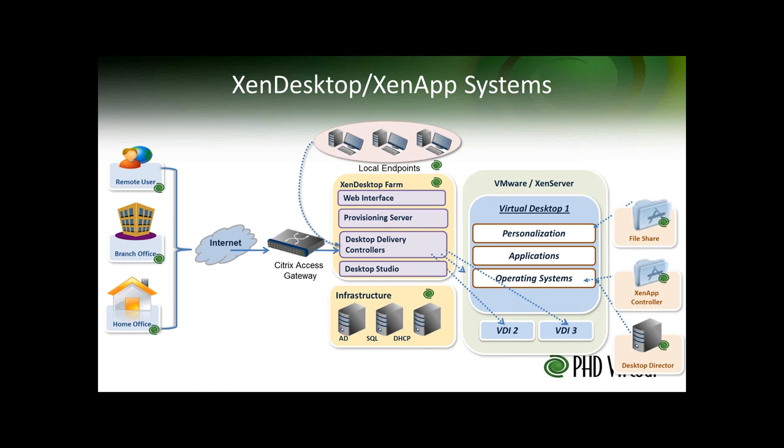And on top of that, you want to monitor the infrastructure, right? So AD for authentication, SQL to house all the configuration information, and then DHCP providing the network information for your desktops. Right, so all these moving parts of the infrastructure need to be monitored, because they will and can impact the performance of your implementation.